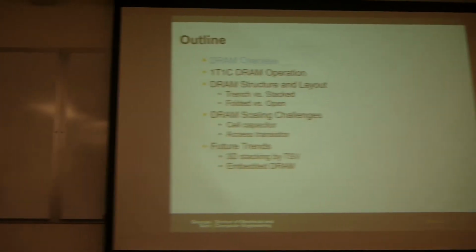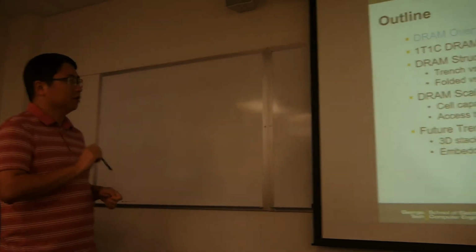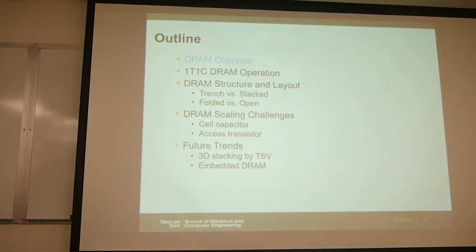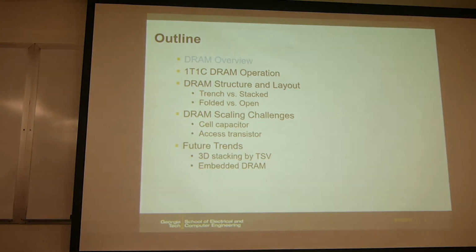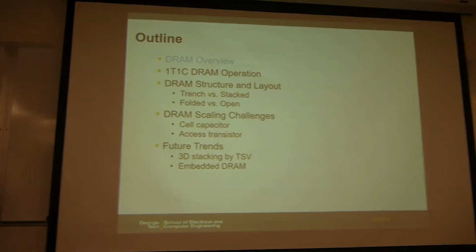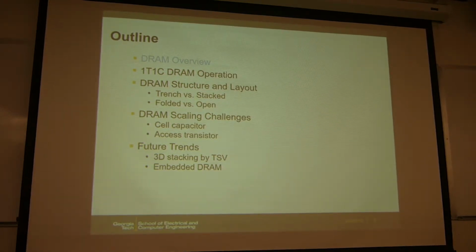Since it's 1T1C, we are going to have discussions on the challenges of the capacitor first, and then the transistor. And finally, we will have some recent or future trends of the DRAM technology. First is the 3D stacking by the TSV, and embedded DRAM as well. So probably we will spend 4 lectures on the DRAM.